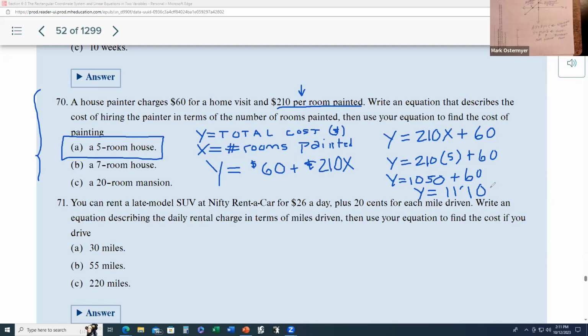No, what is that going to be? $1,110. Anybody get that? That's what I got. $1,110 to paint 5 rooms. All right, just making sense of how we model this situation according to a linear equation.